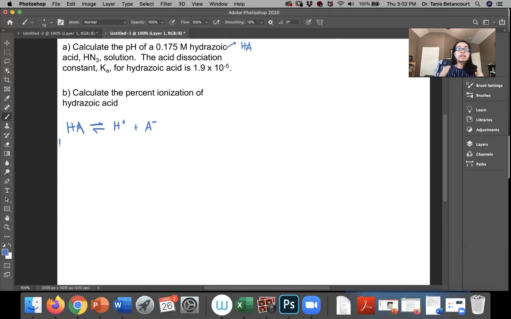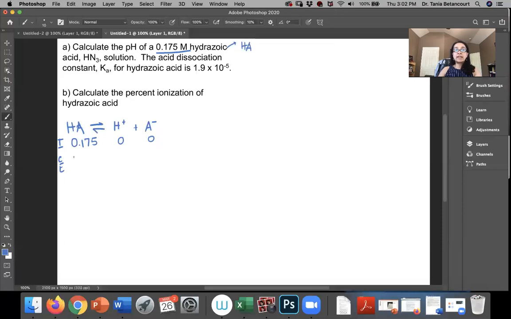I'm going to set up my initial, my change, and my equilibrium. We were provided the starting concentration of the acid. That's the initial here, which is 0.175. We can assume that initially we have none of the hydrogen ion and none of the anion because those are going to be formed as the acid dissociates.